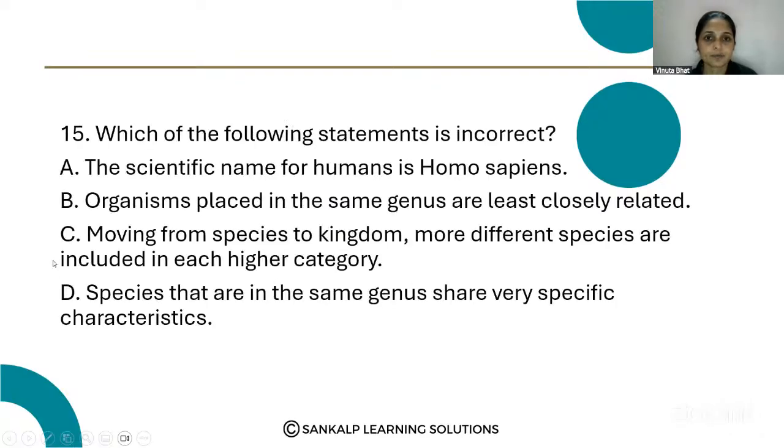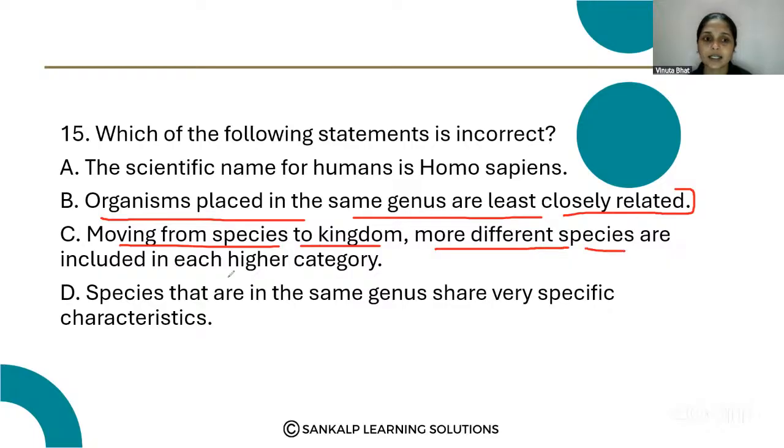Next question. Again, the same question. Which of the following statements are incorrect? Incorrect statements you have to find. The scientific name of humans is Homo sapiens. Organisms placed in the same genus are least closely related. Moving from species to kingdom, more different species are included in each higher category.